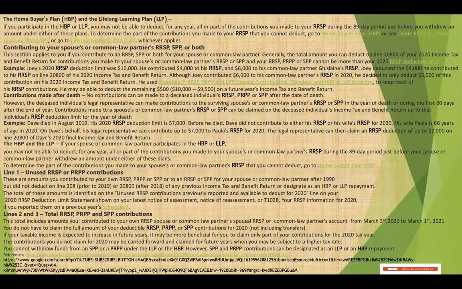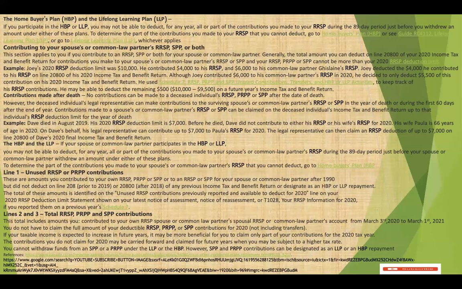The HBP and the LLP, if your spouse or common-law partner participates in the HBP or LLP. Line 1 of your income tax return will be the unused RRSP or PRPP contributions. These are amounts you contributed to your RRSP, PRPP, or your SPP, or to your spouse's or common-law partner's RRSP or SPP after 1990, but did not deduct on line 208 of any previous income tax and benefit return.